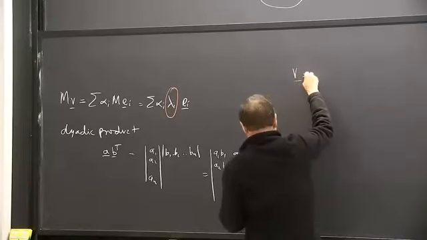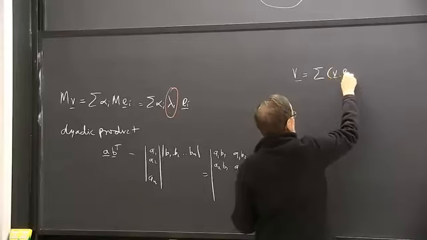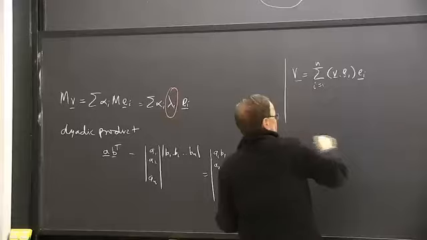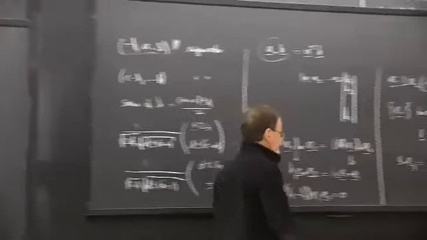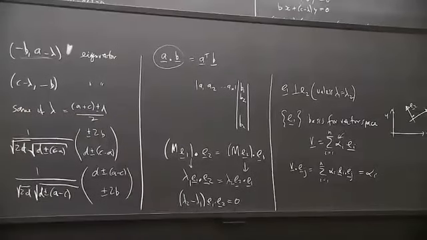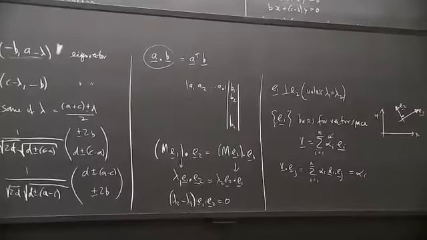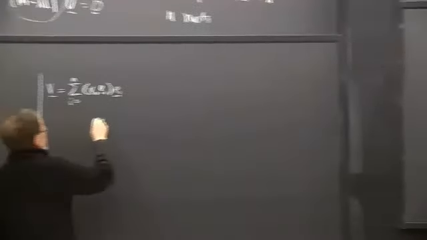We got V, we expanded it right over there. We said that because these eigenvectors form a basis, we can express an arbitrary vector in terms of it, and then we found the actual weights. When we plug that in, we get this formula, and we can now rewrite that in various ways.